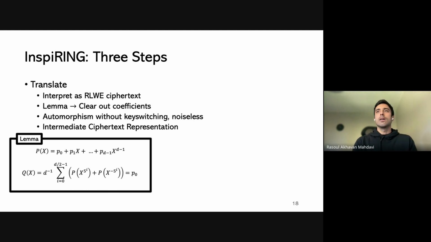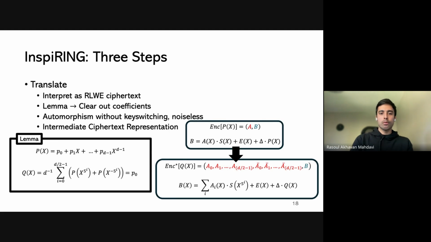And that's what's happening here. So after computing this lemma homomorphically, we'll end up with a ciphertext that has not just one, but d terms as the mask. So we have a ciphertext in this intermediate representation that we'll be working with.